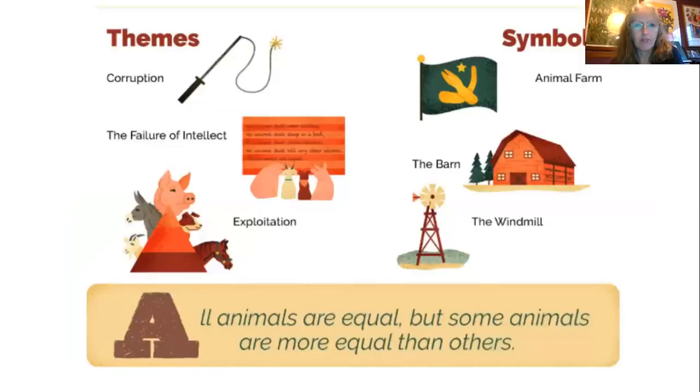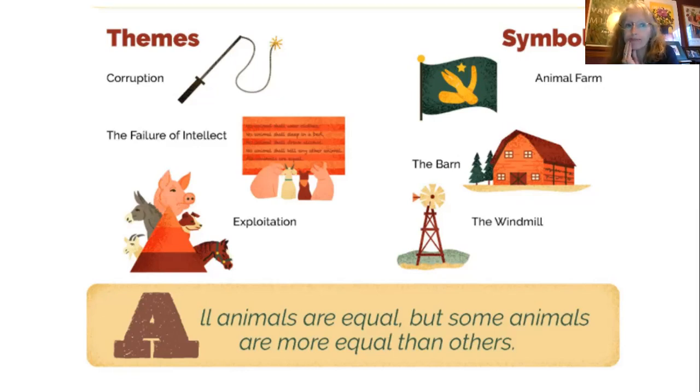And then we have these themes and symbols. The quotation at the bottom is very famous: all animals are equal, but some animals are more equal than others. Very famous quote, which relates to communism. So everyone is equal, but some people are more equal and have more privileges.